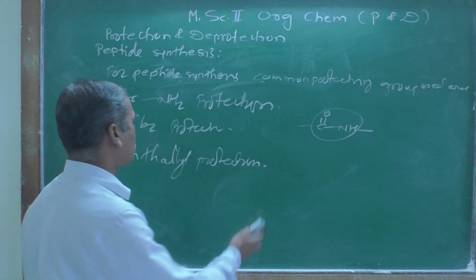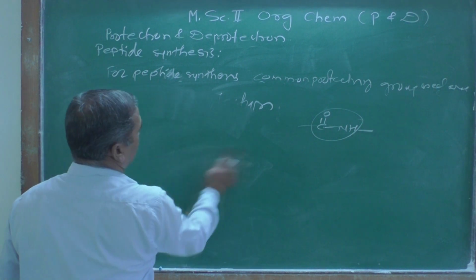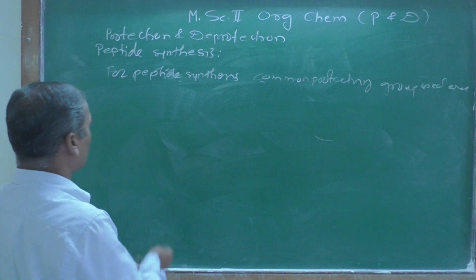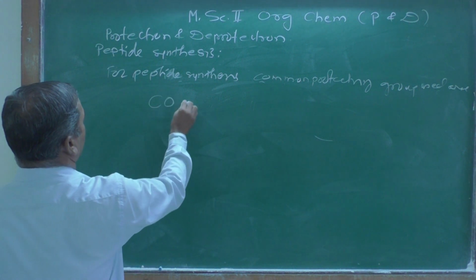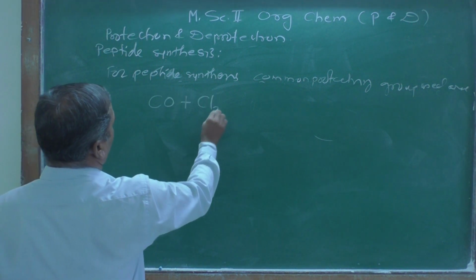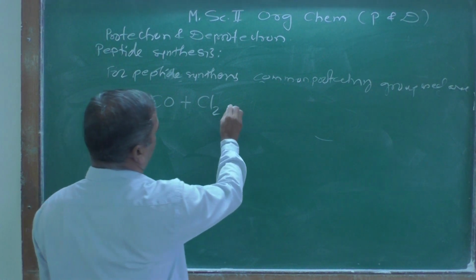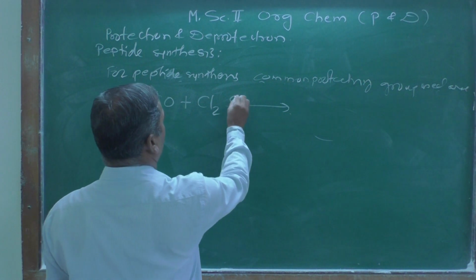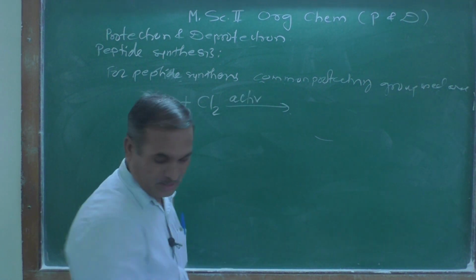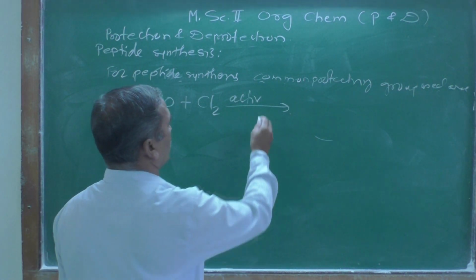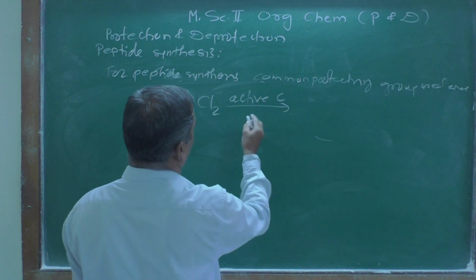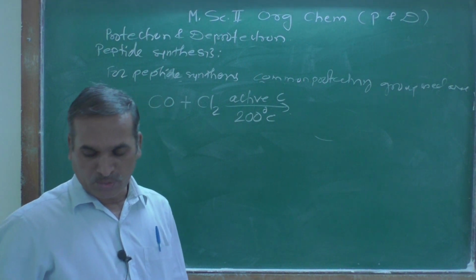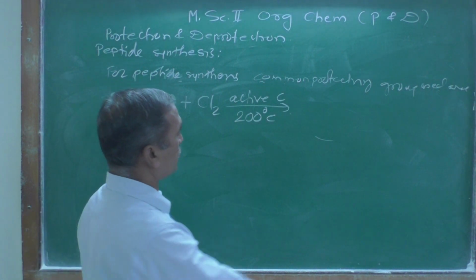Then let us see, suppose we have carbon monoxide passing over chlorine at active charcoal at 200 degrees centigrade. What type of product do you get?